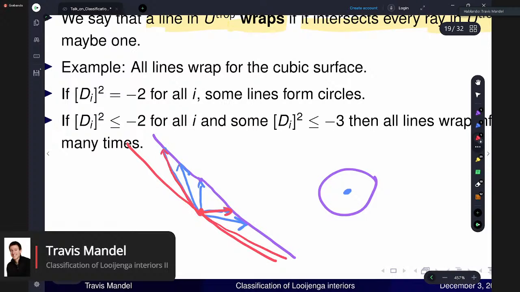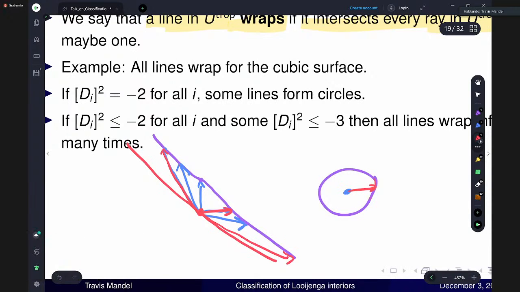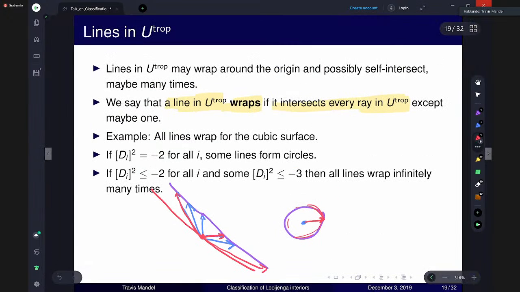Go the other way and have it repeated eventually. So it hits that vector, and then it goes around and it hits the tip of that same vector again on the next sheet. And so just going around hitting the same point, it must actually be a circle. So that will be a special thing about those cases. This will show up in our classification later.